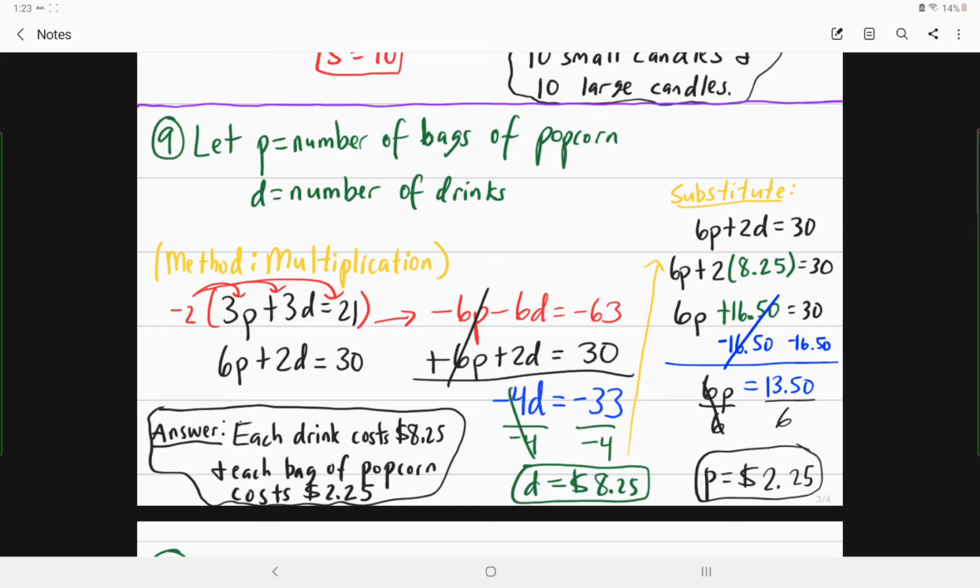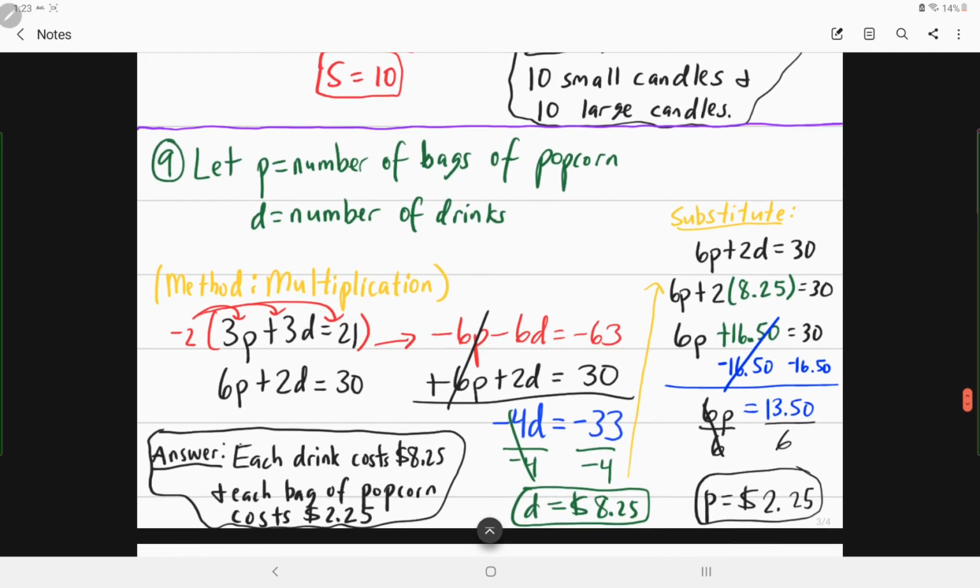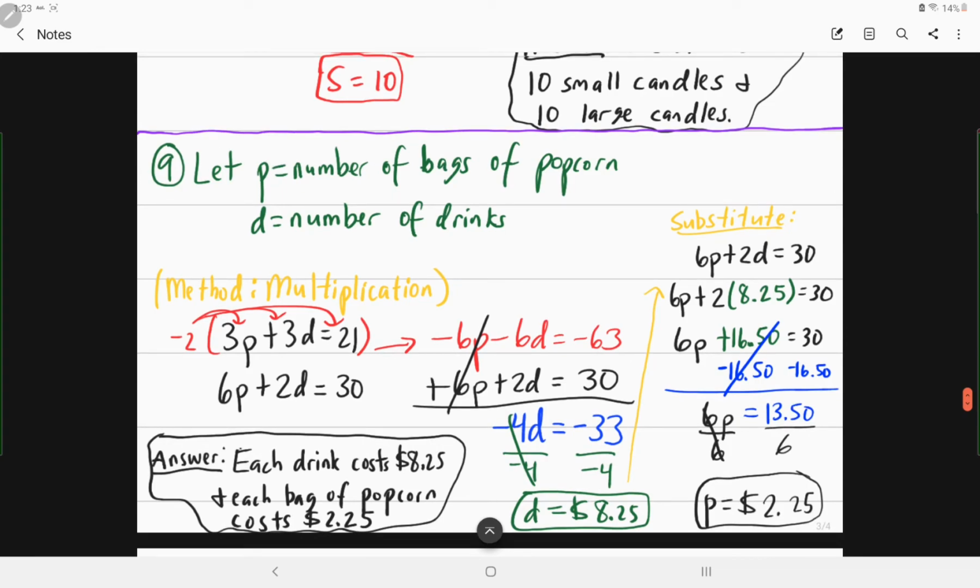The method I chose was multiplication. The first person bought 3 bags of popcorn and 3 drinks and spent $21. So we put 3P plus 3D equals 21. And the second person bought 6 bags of popcorn and 2 drinks, spent a total of $30. So 6P plus 2D equals 30.